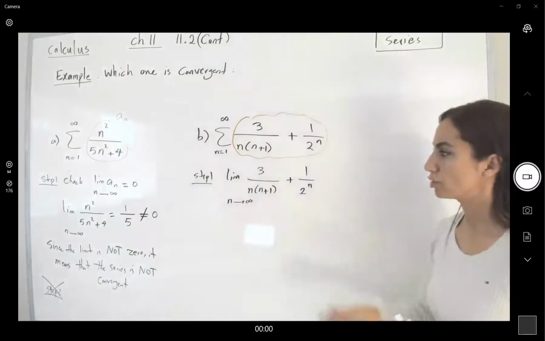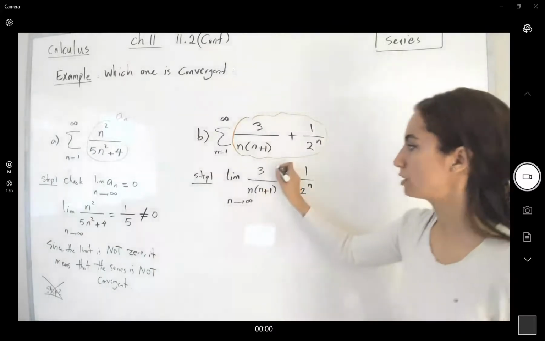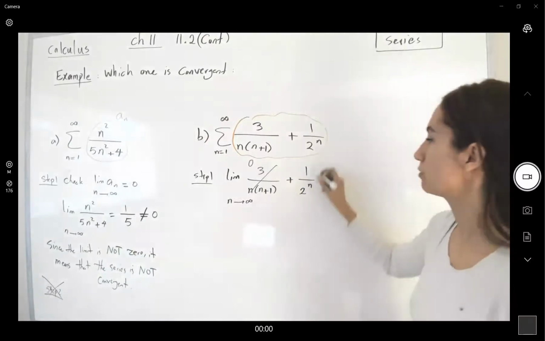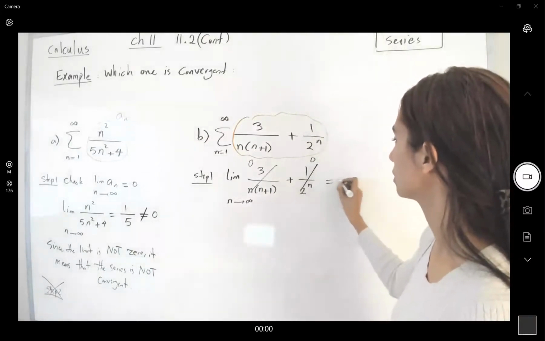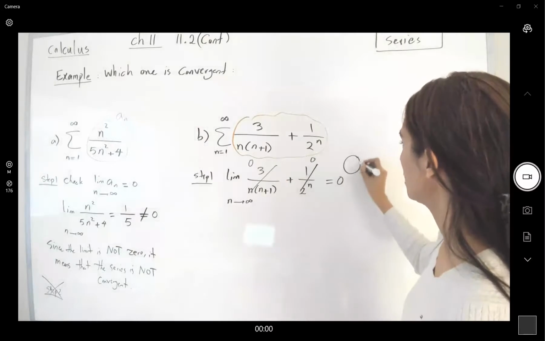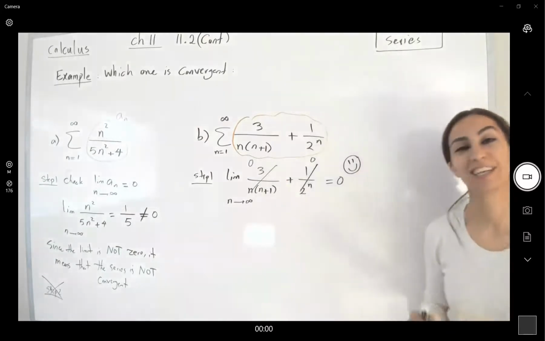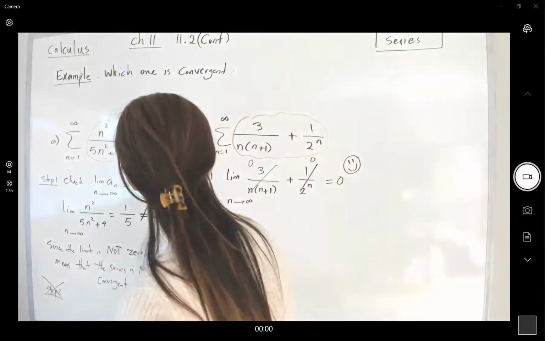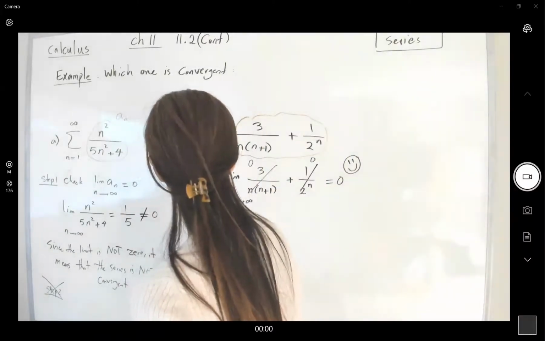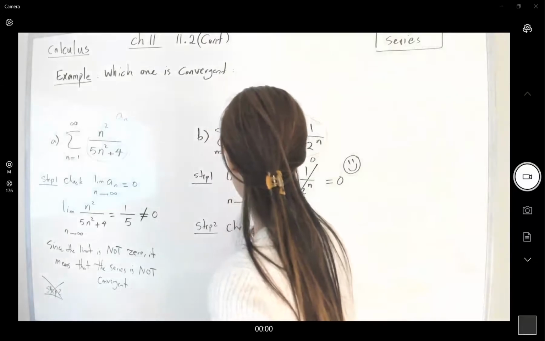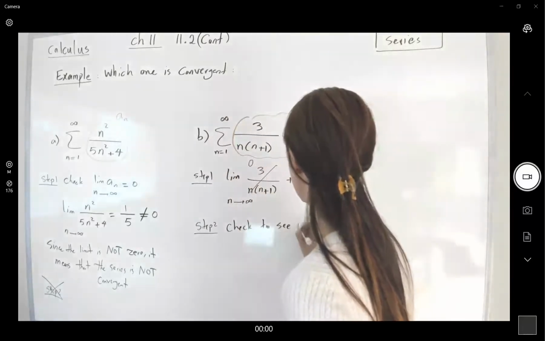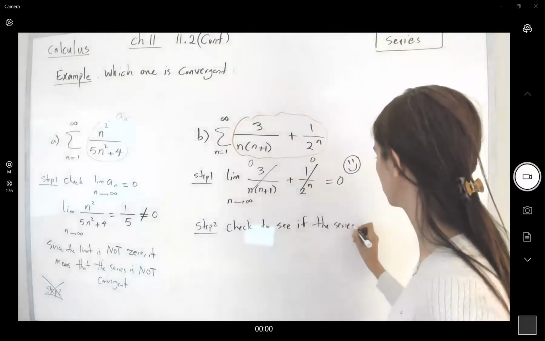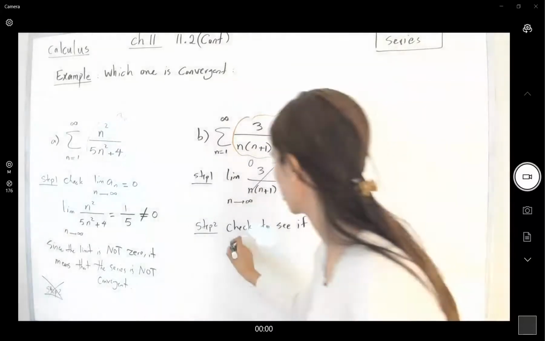As n approaches infinity, you have 3 divided by infinity, this is 0, and 1 over 2 to infinity, which is again 0. So the limit is 0, and we can move on to the next step. Step 2. Check to see if the series is convergent or not.